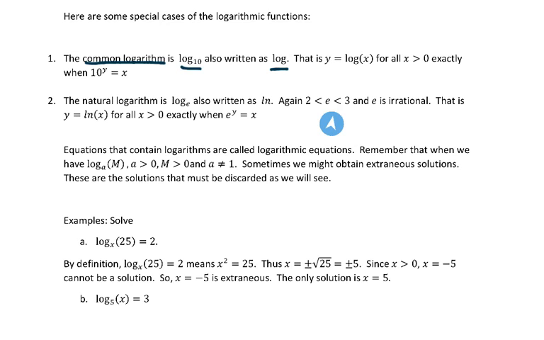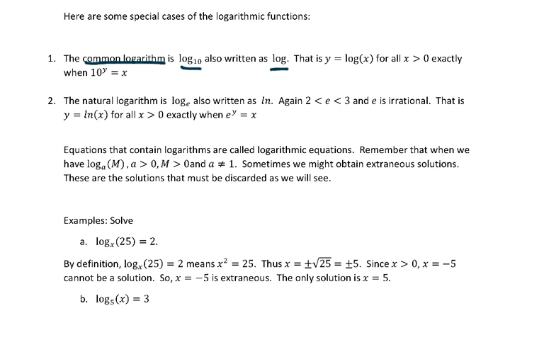It's a number between 2 and 3, and it's irrational. Again, irrational means you cannot write it as a fraction of two integers. So for natural log of x, we have y equals natural log of x for any positive x exactly when e to the y is x. So those are really just the two cases for us.